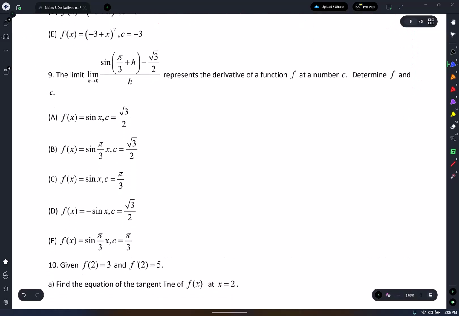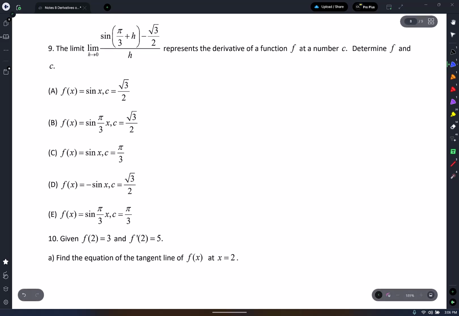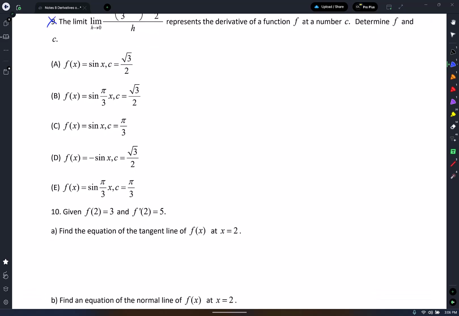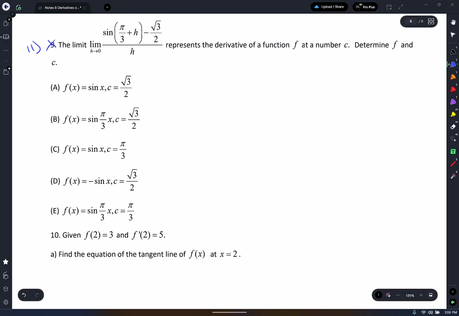All right, you need a little bit of pre-calc, not much, but a little bit. See if you guys can figure out this next one, which in yours is number 11. You already got it?